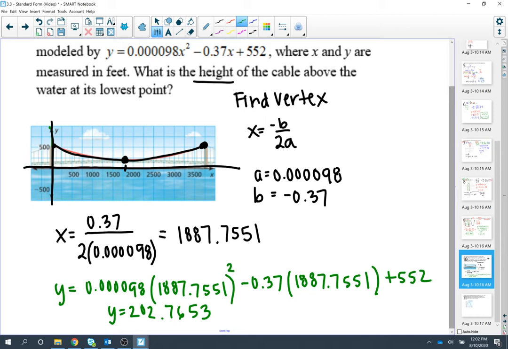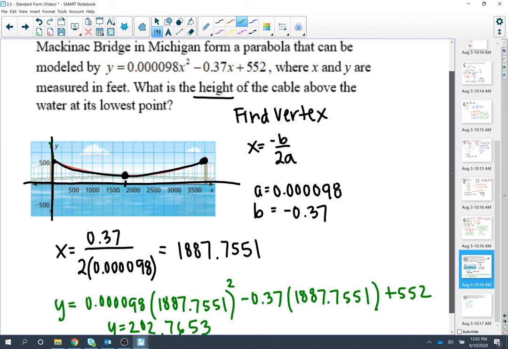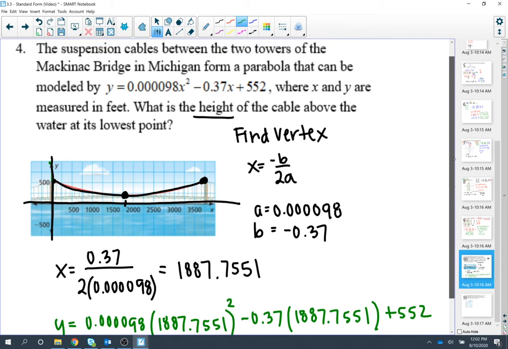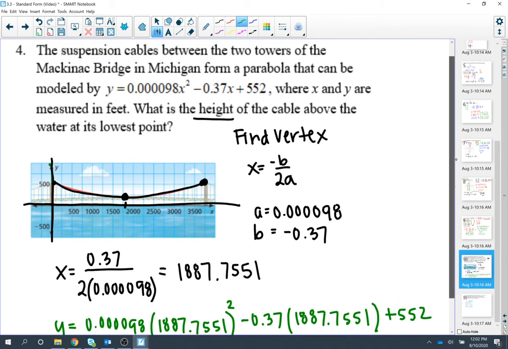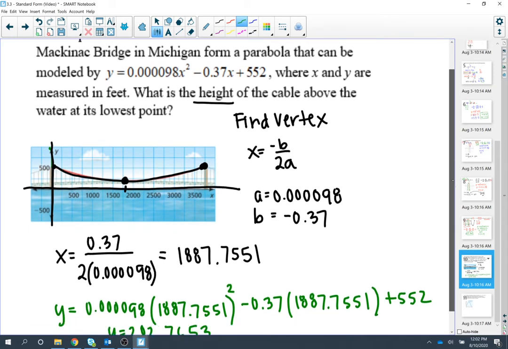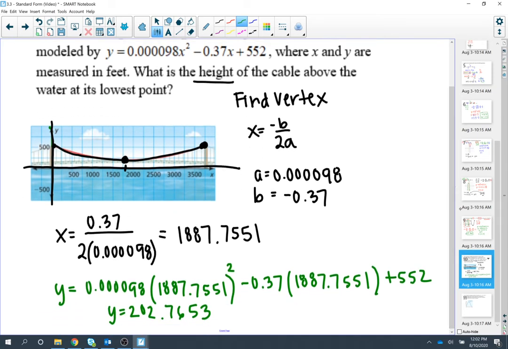And then again, I know there's more, but for right now, I'm going to go with that. And it doesn't say what to round to. It just says, what is the height of the cable above the water at its lowest point? And everything is measured in feet.